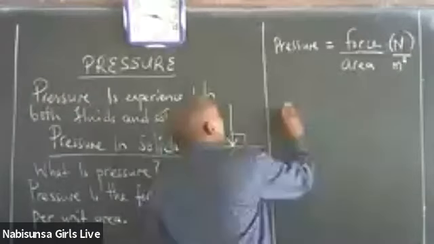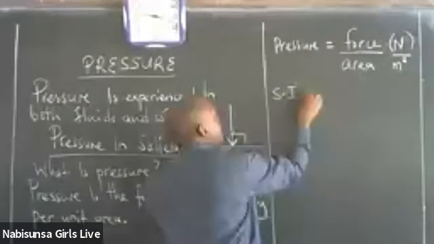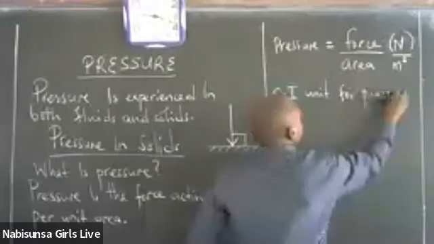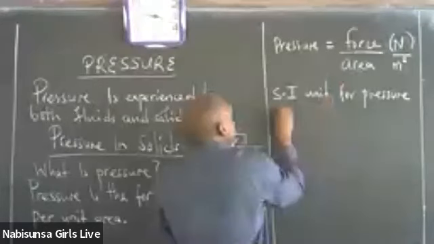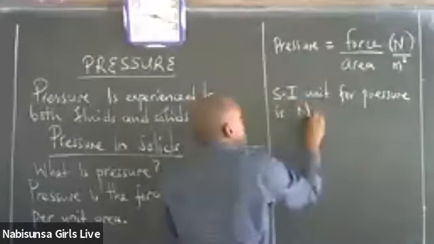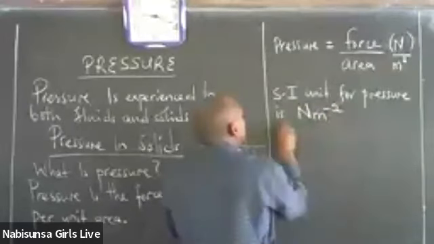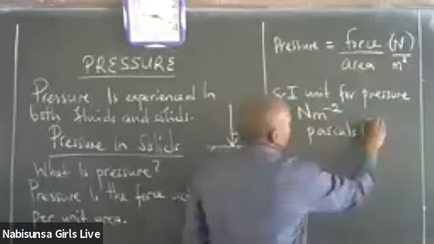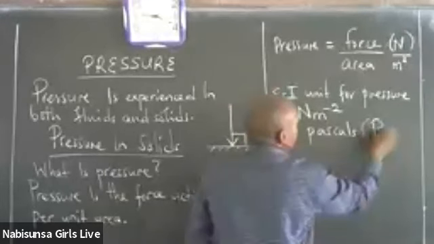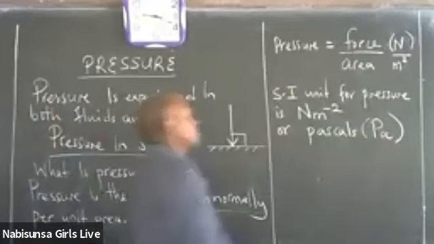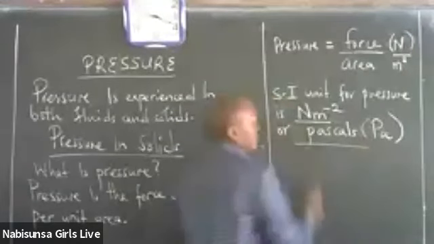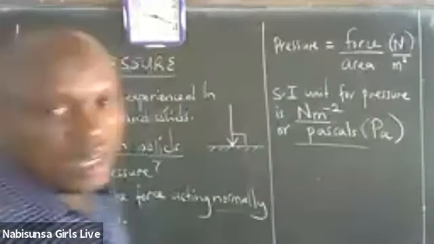We can just say that the SI unit for pressure is newtons per meter squared or pascals. You either use newtons per meter squared as the SI unit, or you use pascals as the SI unit.